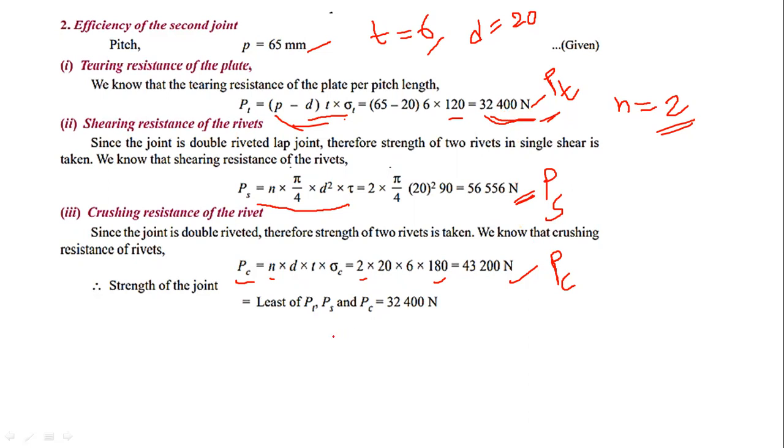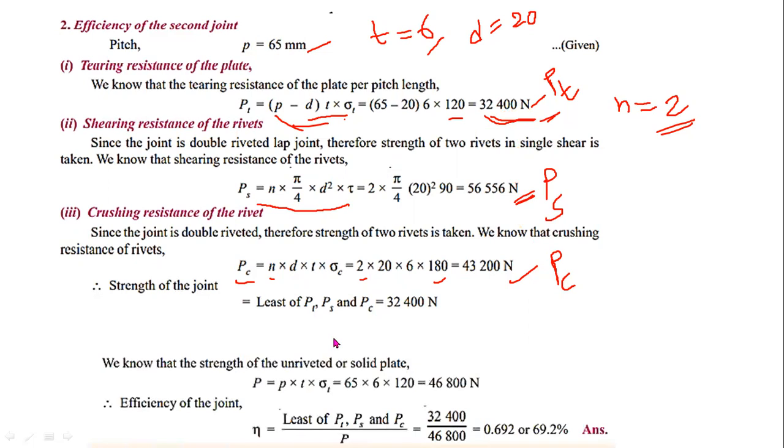So now the efficiency of the joint equals the least value of PT, PS, PC. Here the least value is 32,400. Now this is P dash. P dash is the strength of the unriveted plate.